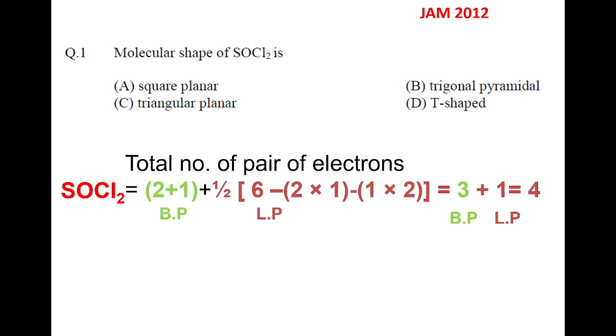For the bond pairs, sulfur's outermost electrons are 6, minus 2 chlorine, 2 into 1, minus 1 oxygen, 1 into 2 valence. We will get 3 bond pair, 1 lone pair of electrons. So 4 is the total pair of electrons. So we'll get trigonal pyramidal. So the answer is B. B is the answer.